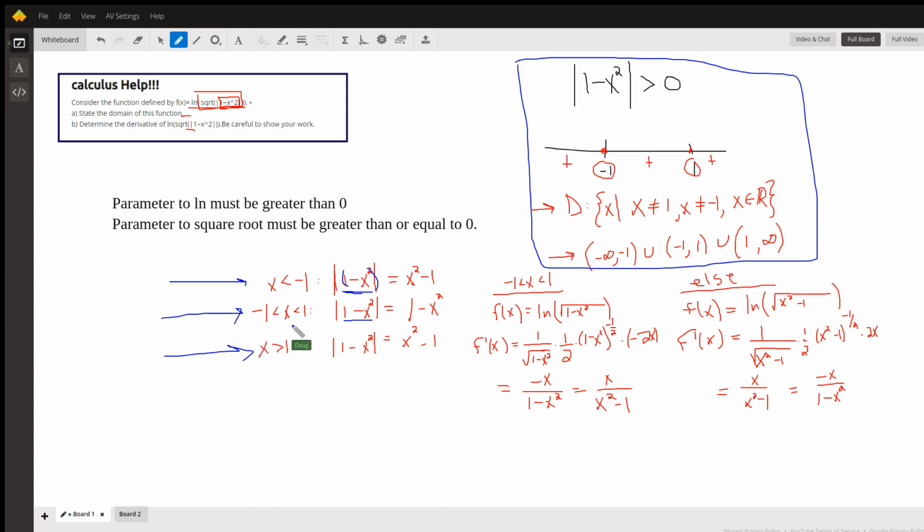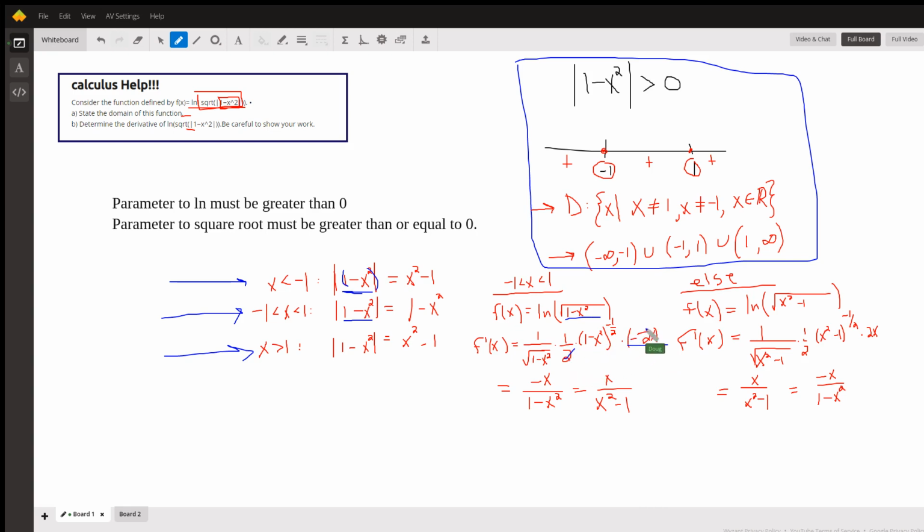When x is between negative 1 and 1, we can rewrite the square root of the absolute value of 1 minus x squared just like that, without the absolute value symbol. And so if we take the derivative, we put 1 over the square root of 1 minus x squared, take the derivative of the inside by the chain rule, 1/2, 1 minus x squared to the minus 1/2, chain rule again, derivative of the inside, negative 2x.